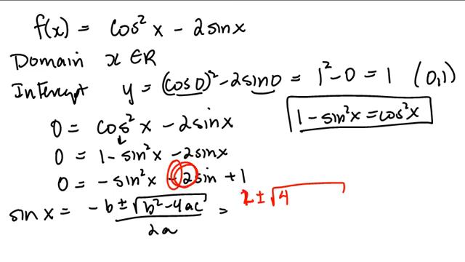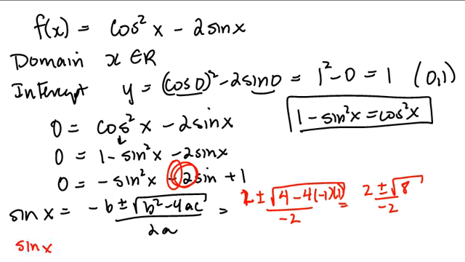It's positive 2. I didn't circle the whole thing. b squared minus 4 times a times c, all divided by 2a, which is going to be negative 2. And that works out to be 2 plus or minus the square root of 8 over negative 2. And if you solve that using your calculator, you'll get 2 answers for sine x.